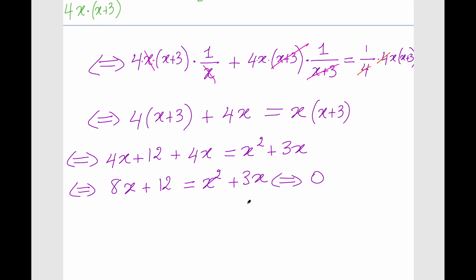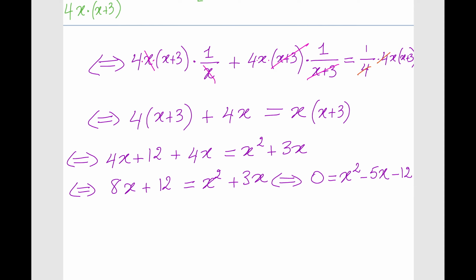So subtract that, you get x squared plus 3 minus the 8 that came from the other side is minus 5x, right? And we're subtracting 12 here to get the 0, so we're going to subtract 12 here as well.